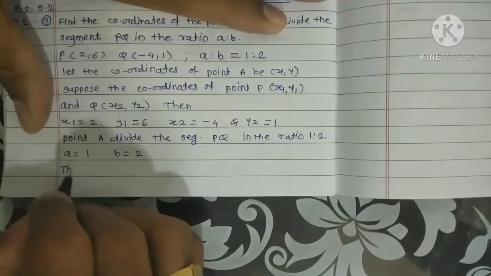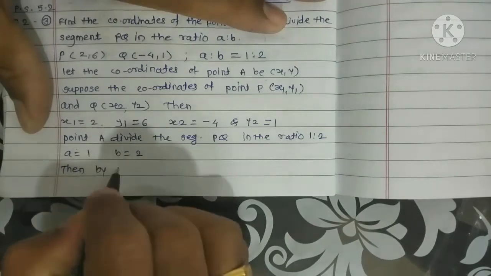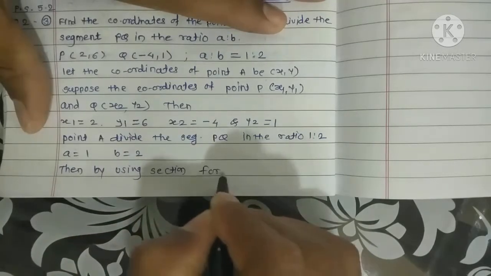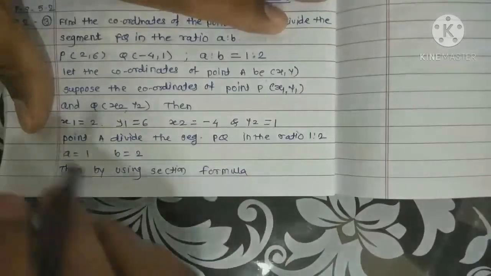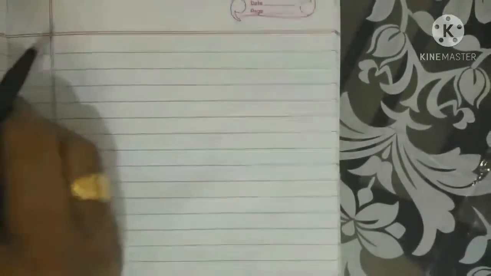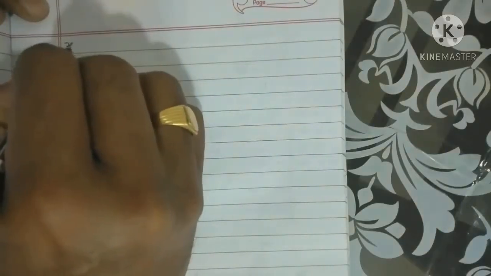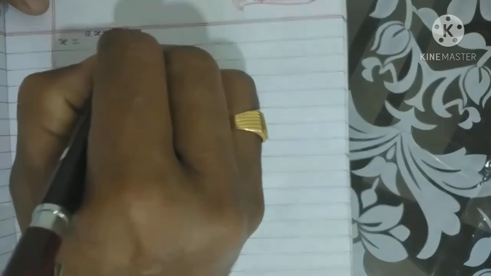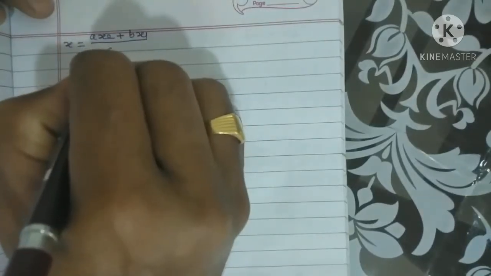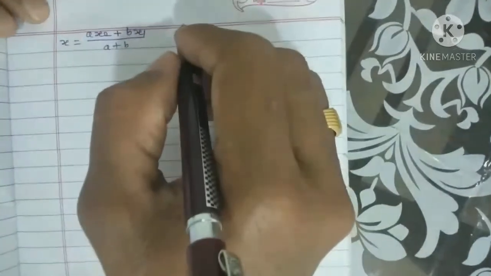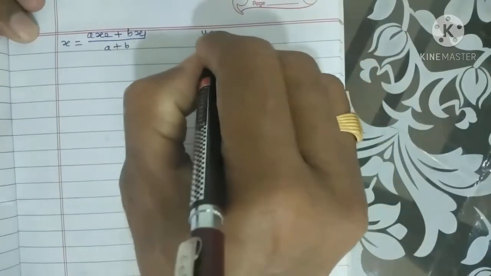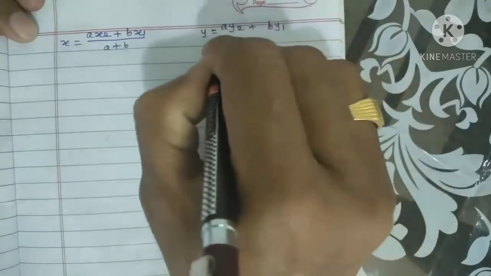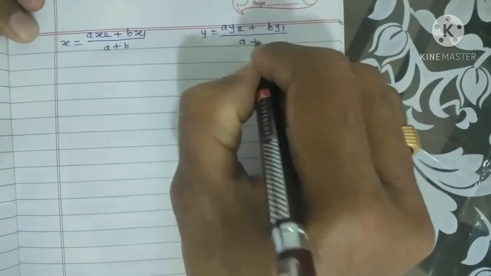Then by using the section formula, I will write here the section formula: x is equal to a x2 plus b x1 upon a plus b, and y is equal to a y2 plus b y1 upon a plus b.